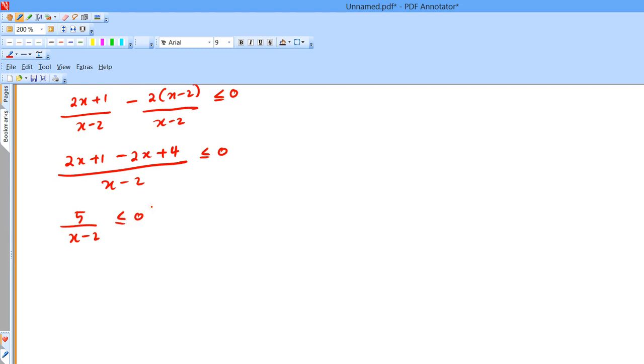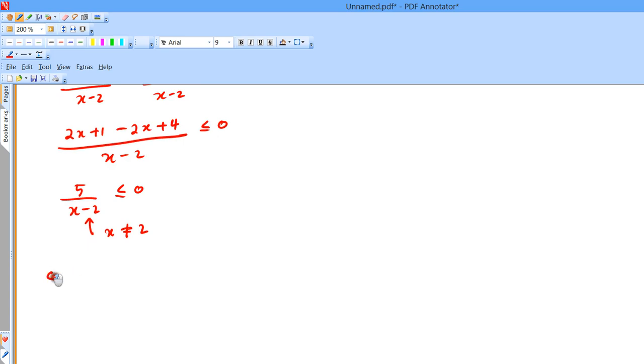From this inequality, we know that based on the denominator, x must not equal 2. And for the critical value, since our numerator is constant, we can find the critical value from the denominator. Setting x - 2 = 0, so x = 2.